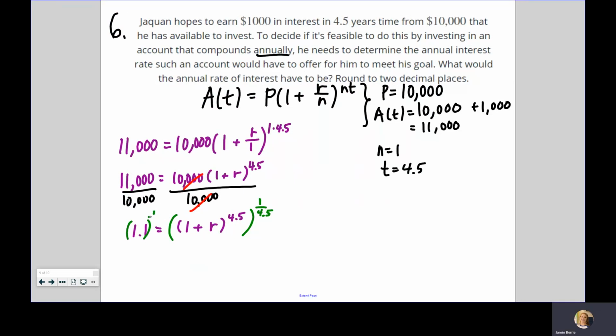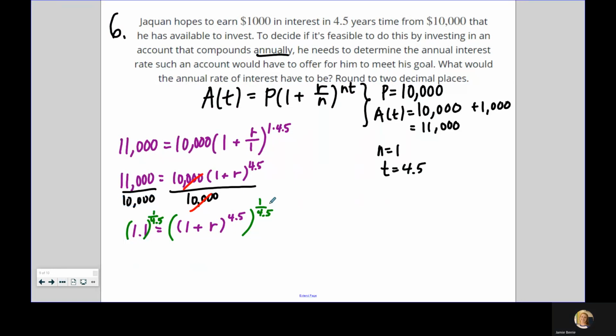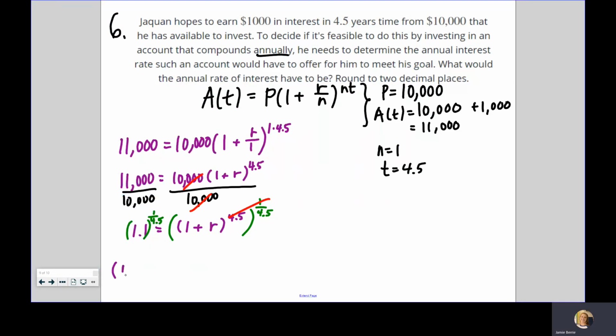And we're raising this side to 1 over the 4.5 power. All right, so on the right-hand side, that cancels. Remember what I said last time? Just leave it as 1.1 to the 1 over 4.5 so you don't have any rounding mistakes. I'm just left with 1 plus r. Go ahead and subtract 1 from both sides.